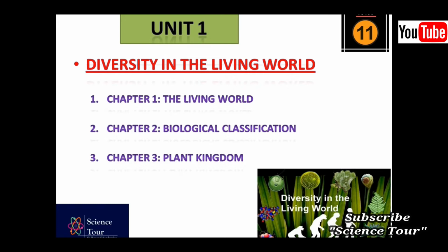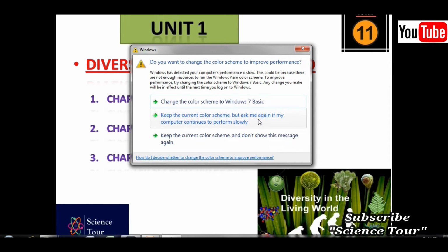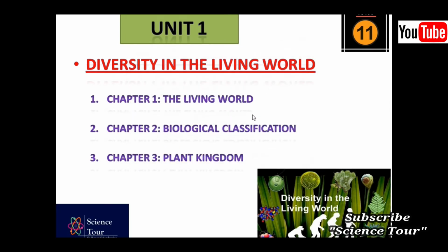Chapter number 3 is plant kingdom, where we will study the salient features and classification of plants into major groups like algae, bryophytes, pteridophytes, gymnosperms and angiosperms, and plant life cycles.